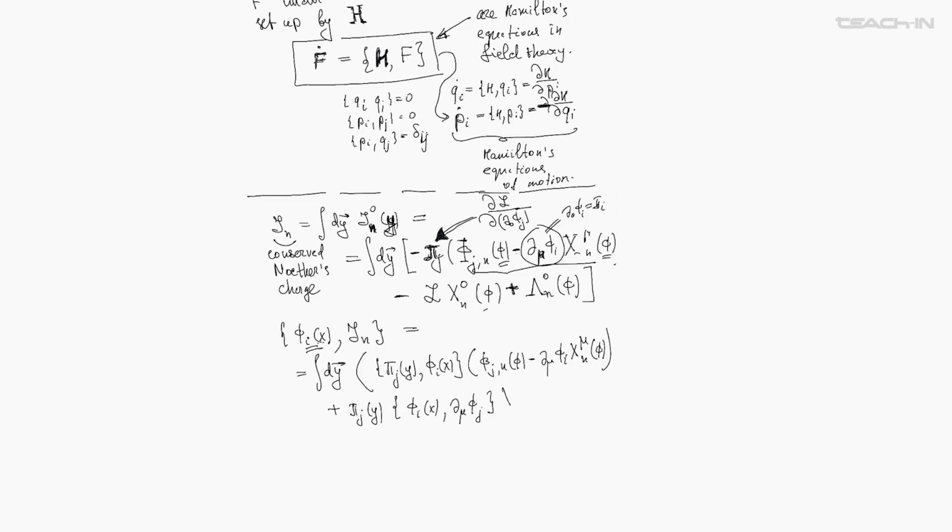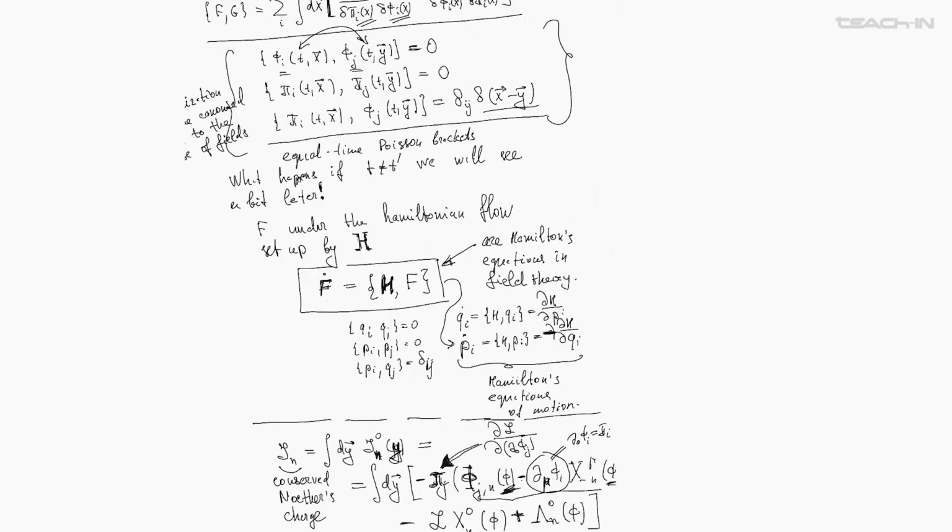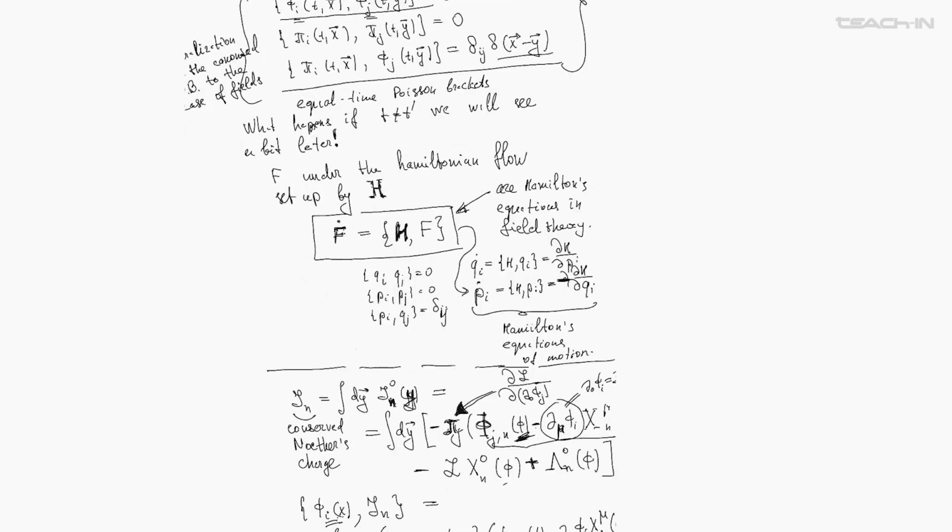Now, I don't need to take the bracket of phi with these response functions because I am assuming that response functions depend only on the field phi, but not on its time derivative. And therefore, according to this canonical Poisson structure here, the bracket of phi with phi is equal to 0. So I don't need to evaluate anything further.